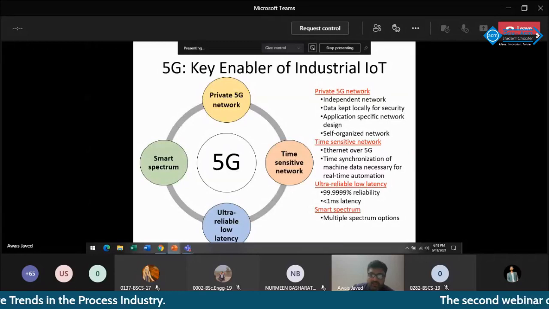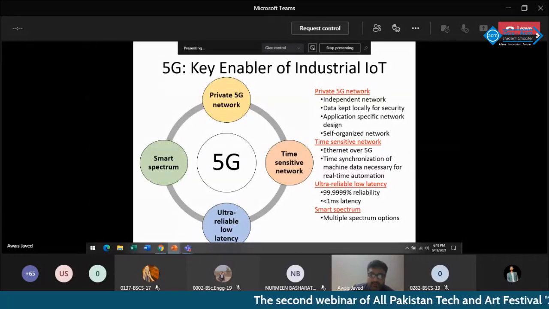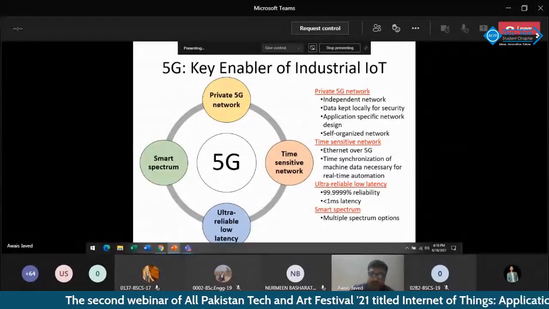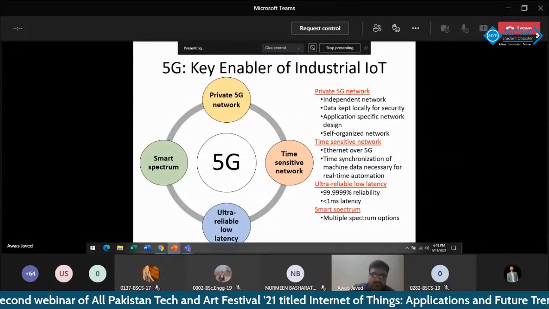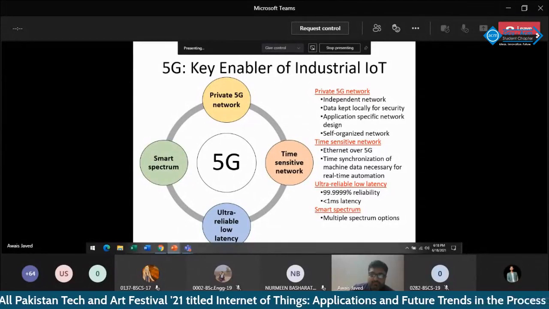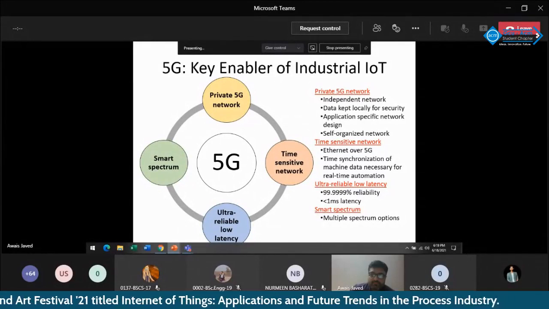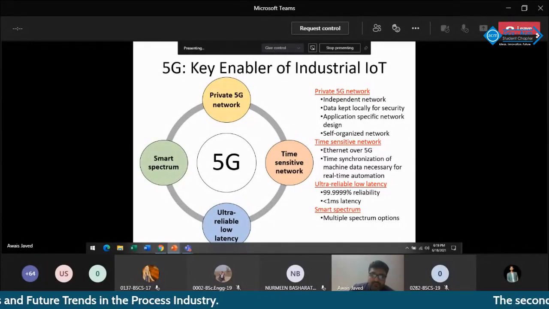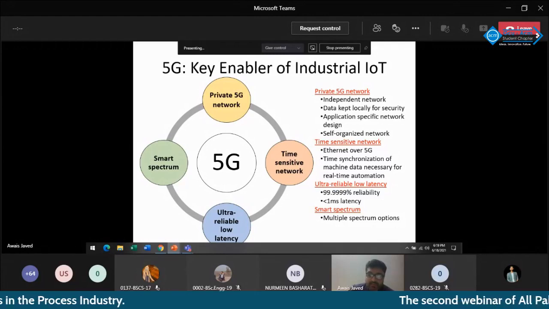Lastly, another feature which is very much part of 5G and very much suited for industrial IoT is smart spectrum. As we know, with the advent of IoT, there are multiple devices, and they have a lot of data to share. So the spectrum is overloaded. 5G provides smart spectrum management techniques.